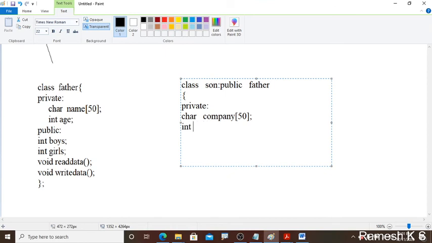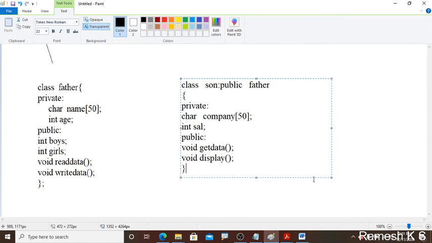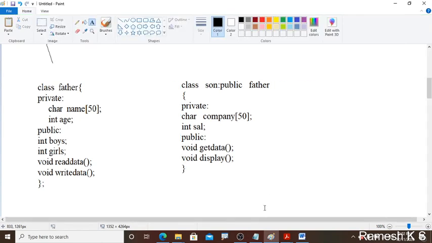In the public access specifier I am taking void get data, a member function, and void display, also a member function. So this is the derived class, and you can compare it with the base class.